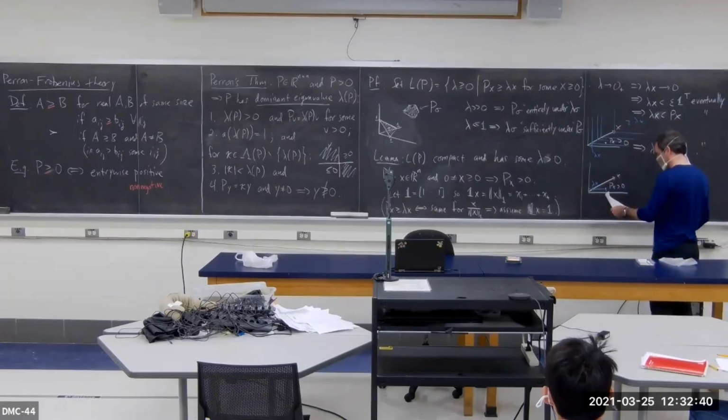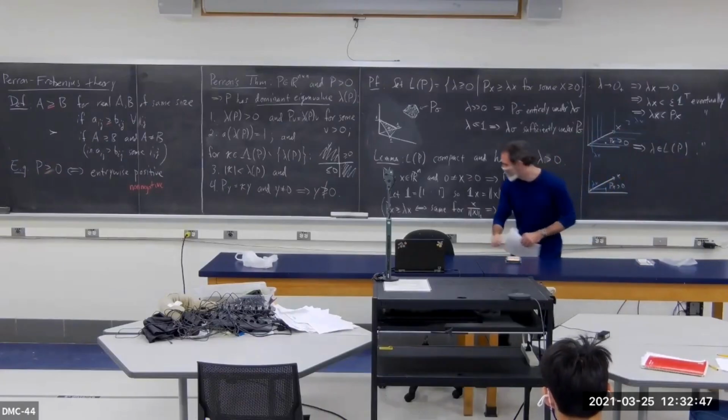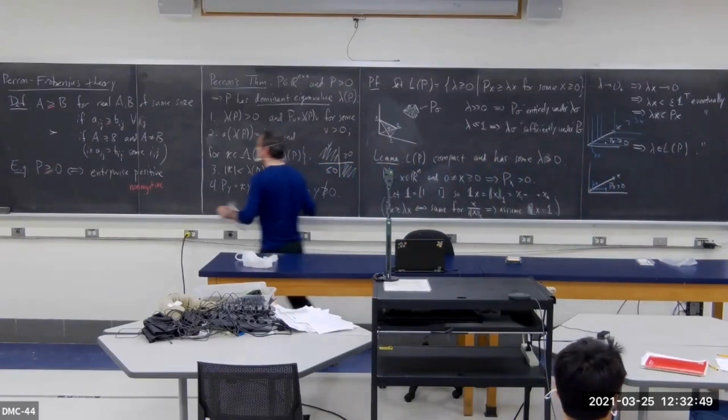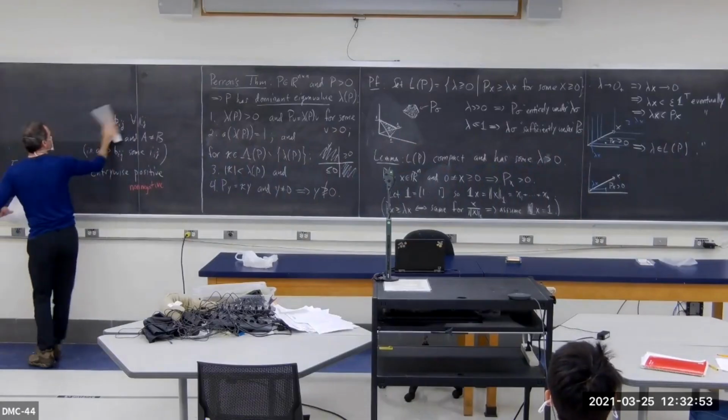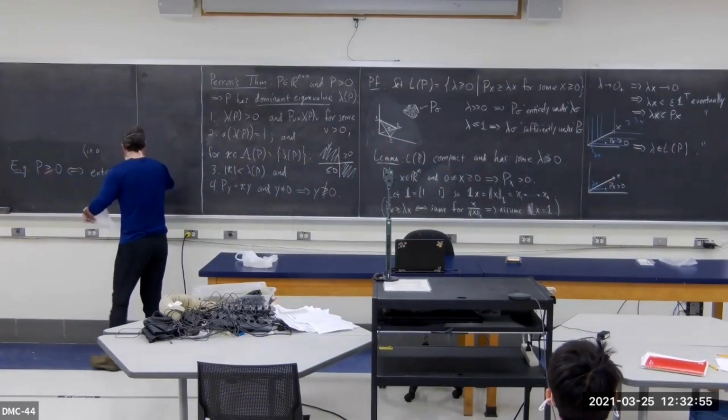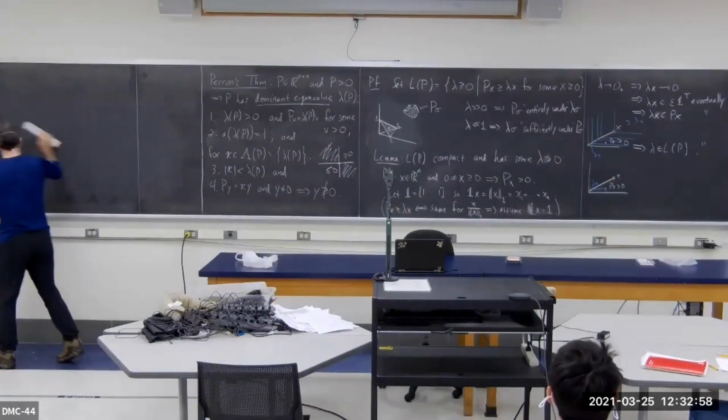Okay, so why is this thing bounded? Right, we have to show that it's compact. We have to show that the set L of P is compact, so it has to be closed and bounded. So we'll show bounded first.